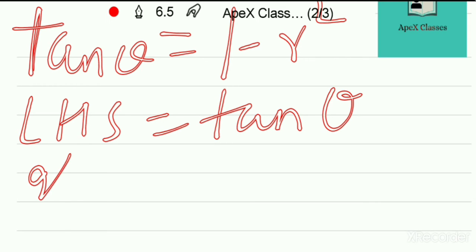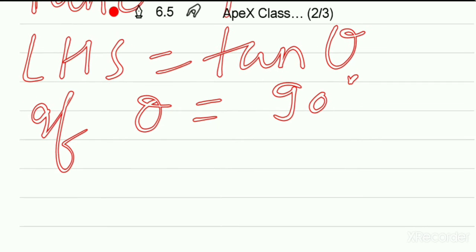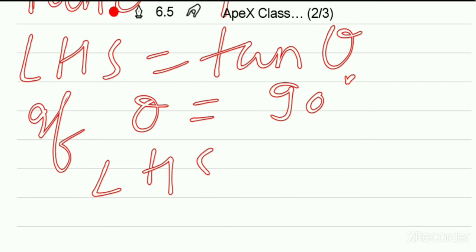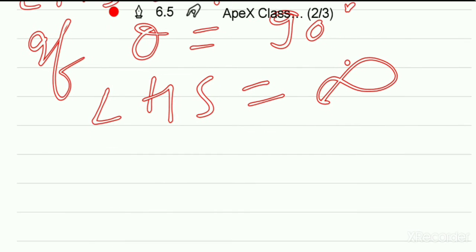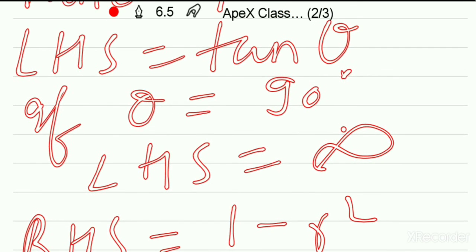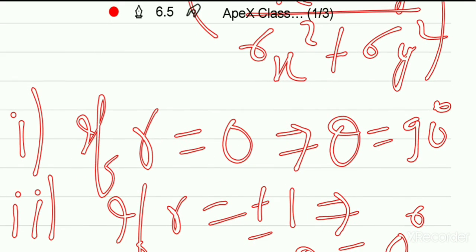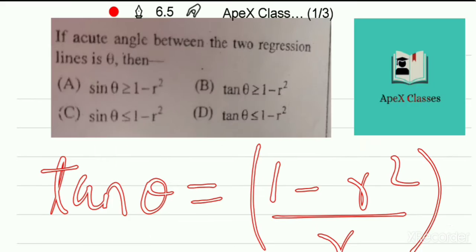If we put theta equal to 90 degrees, LHS will be tan 90, which is 1 upon 0, meaning infinite. And on the RHS we have 1 minus r square. As I have told you, if theta is 90 degrees, then the value of r is 0.